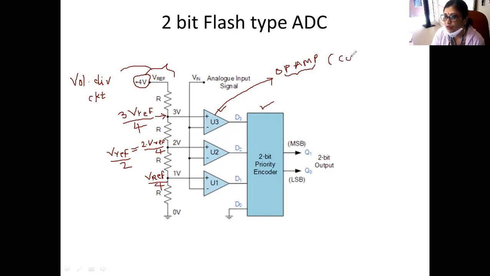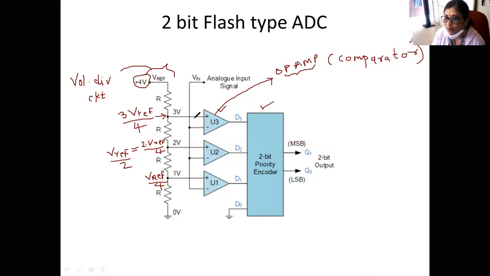So they are going to compare the voltages present at the inputs, and accordingly they are going to produce the output voltage. In the previous digital to analog converter also we used a comparator. I have discussed the comparator there. So here also your operational amplifier will work as a comparator.